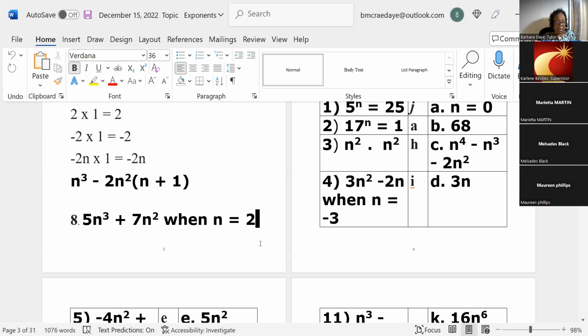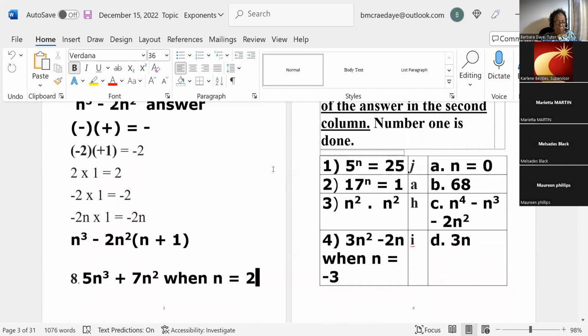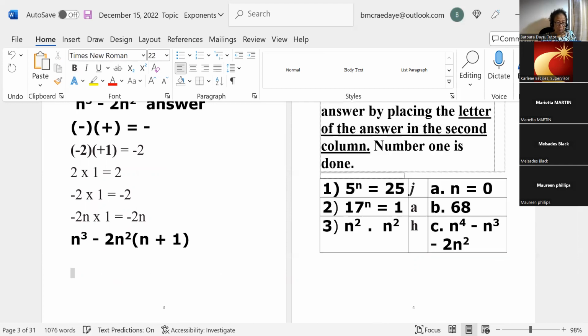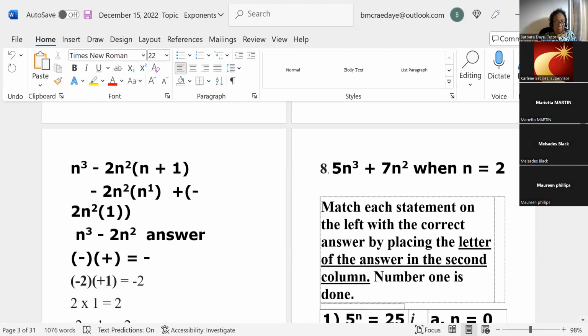So for number 8, put a 2 where you see an N and then solve it. Should I put the power too? Wherever you see the variable, you put the 2, but you still have to apply the powers, just like we did the other substitution.